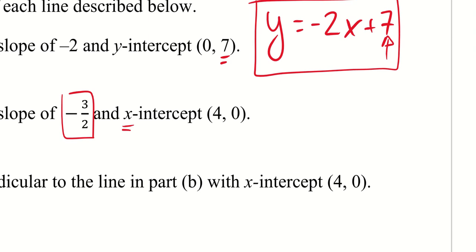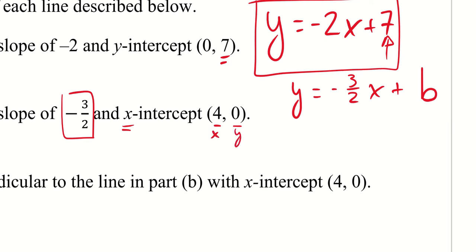So I'm going to write the equation y equals negative 3/2 times x and then plus b. I don't know what b is, but I'm going to figure it out by using the point that I was given. There's an x and a y value here.